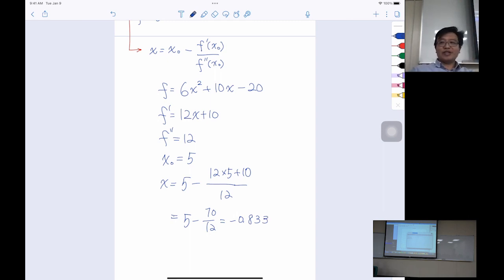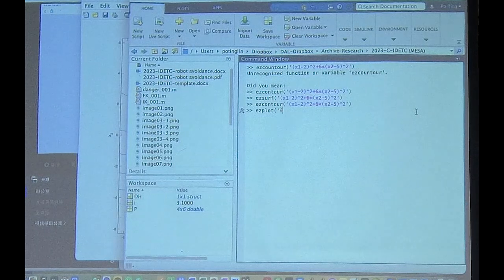So, and let's make a plot, or we can just make a drawing.